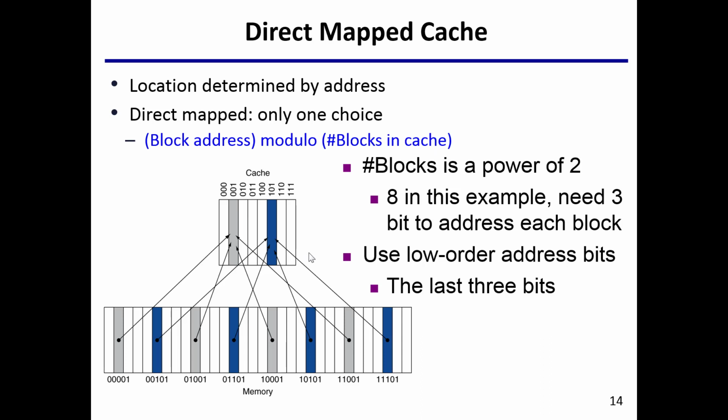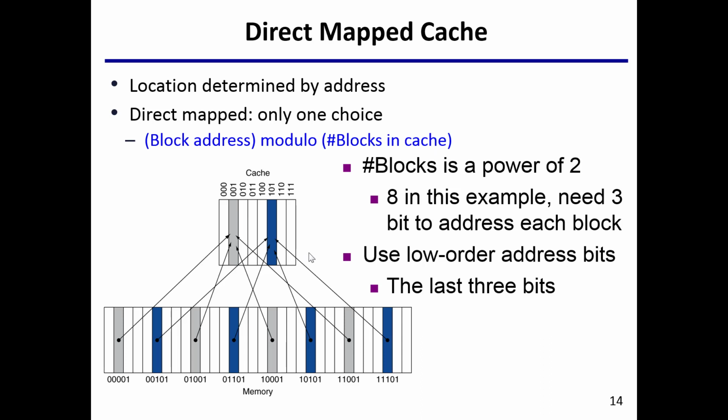So basically what that means is that if the cache has 8 slots in it, you take all the memory addresses that are possible and you subdivide them into 8 groups. So every address belongs to a group. If you give me any memory address, I can figure out what group it belongs in, and based on that, I know the only place it could go in the cache.